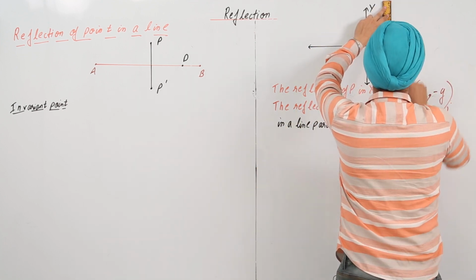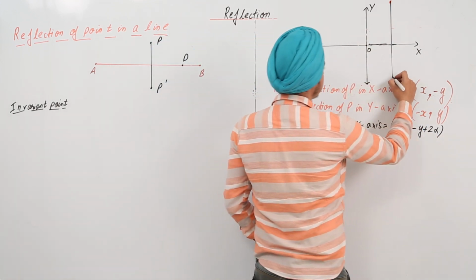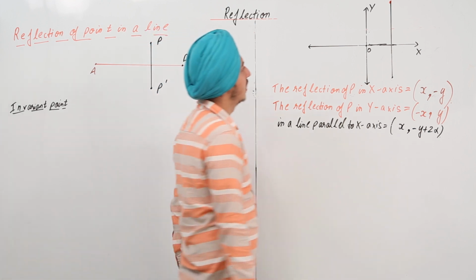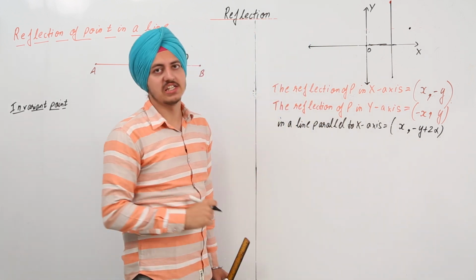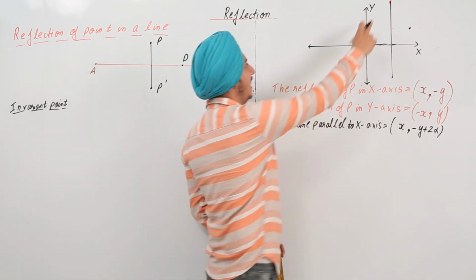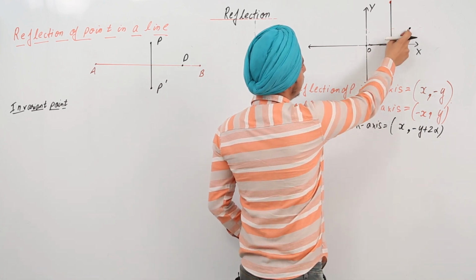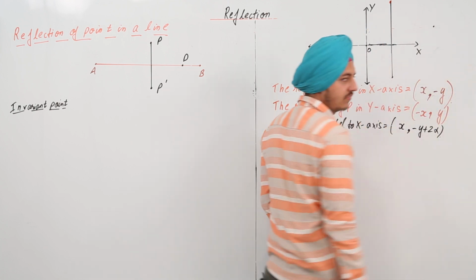Now we have to find the coordinates of the reflection of a point in a line parallel to the y-axis. Say this point is over here.